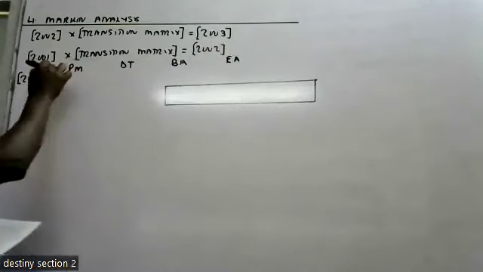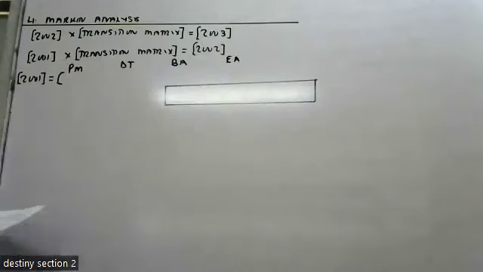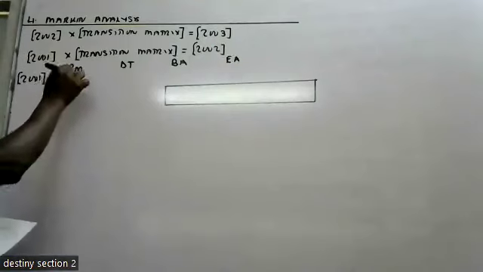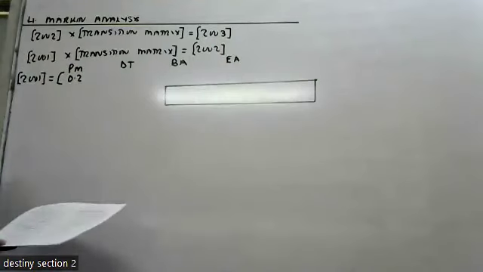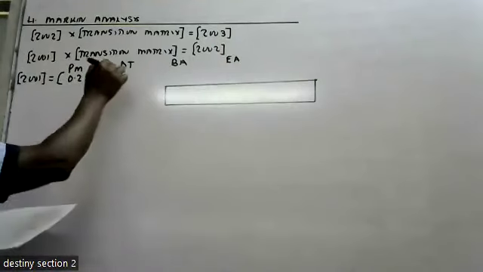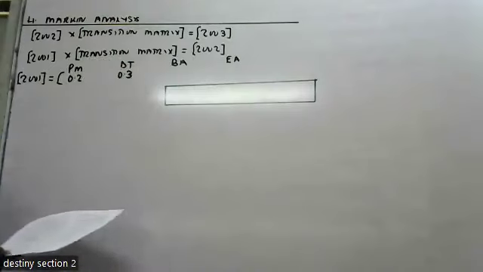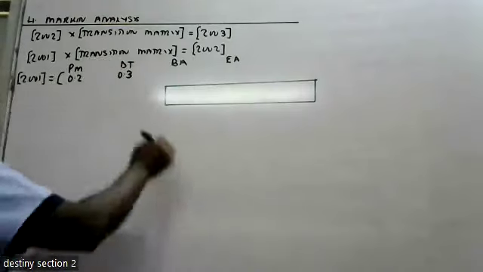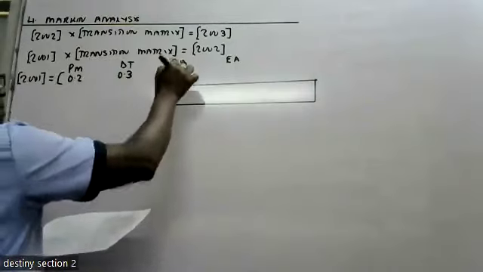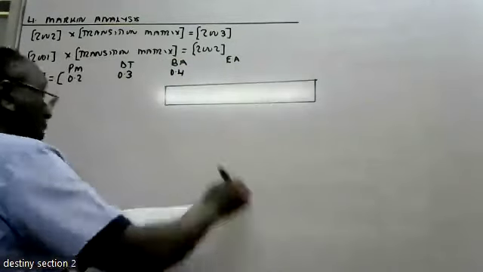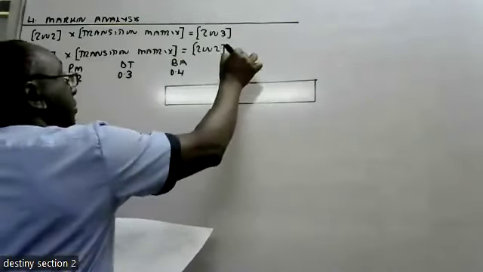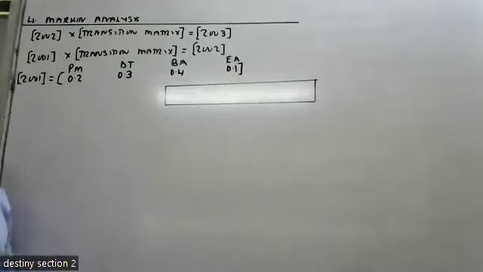Those are the audit firms. So we are told PM has 0.2. DT has 0.3, and this one has 0.4, and this one has 0.1. So that is the current status.